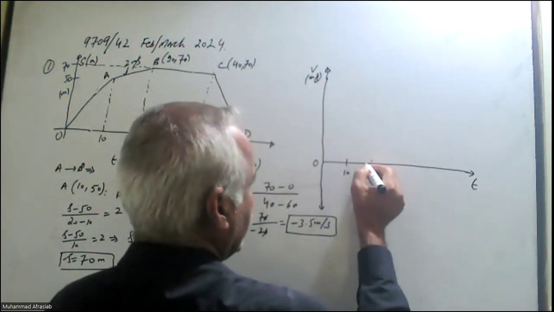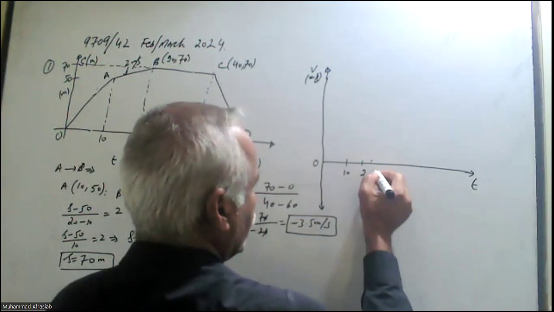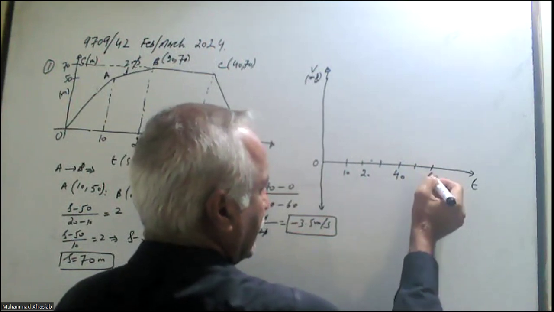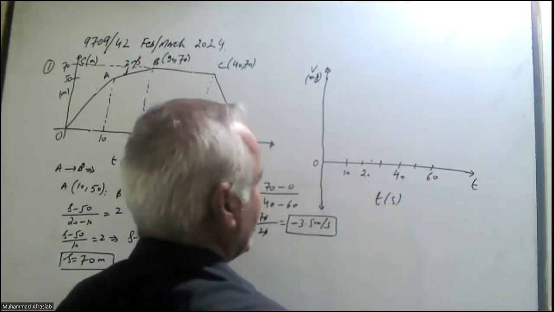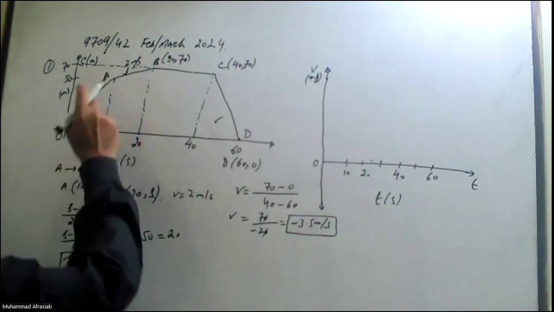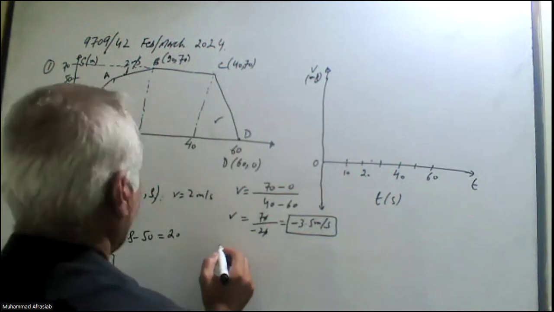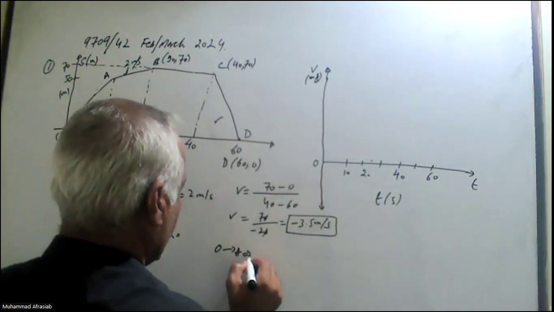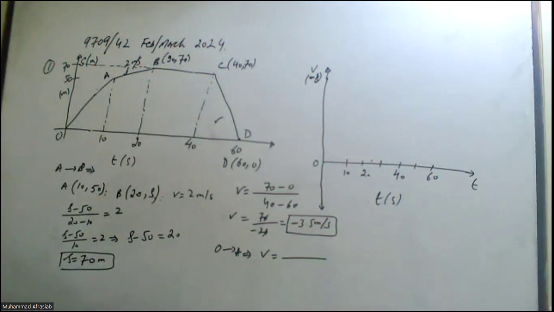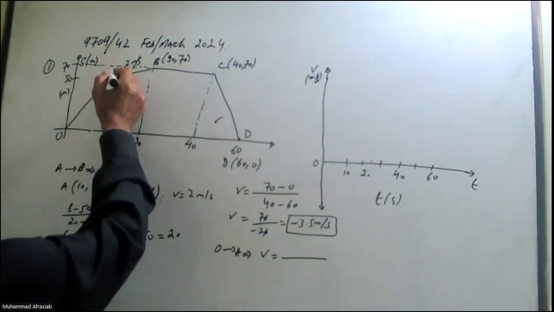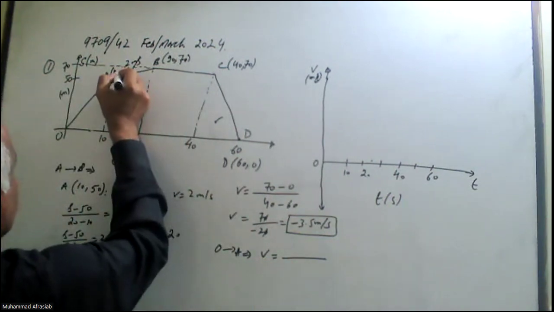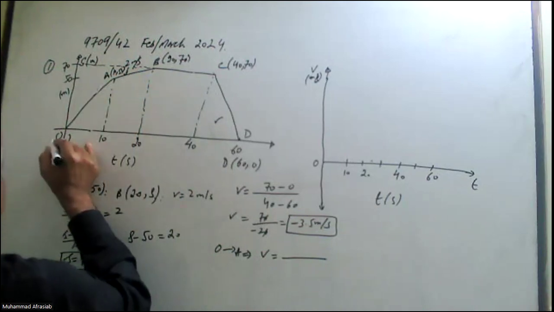The time marks are 10, 20, 40 and 60 seconds. In the first 10 seconds, if we use this coordinate system from O to A, the velocity is equal to the gradient, which is constant. For the A coordinate, it is 10 and 50, and for O it is 0, 0.